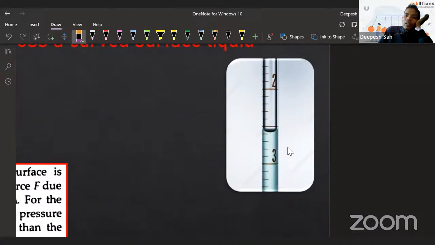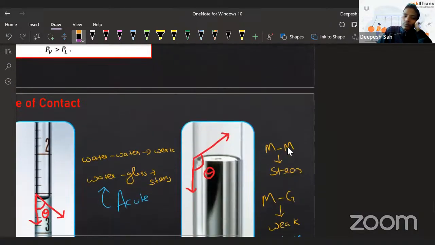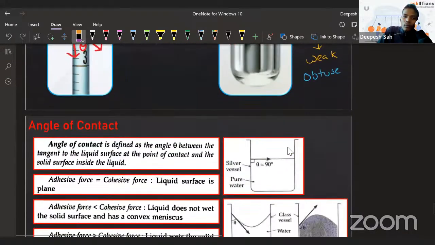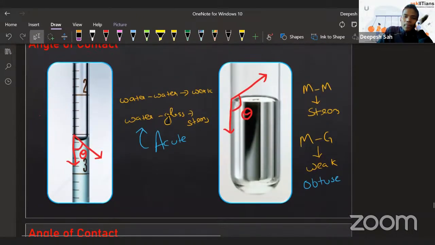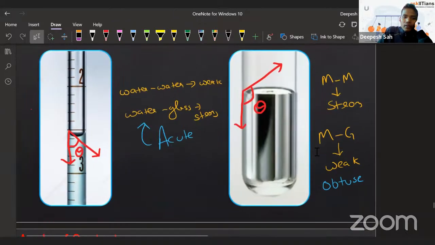This is actually the result of cohesive force and adhesive force. How? If you have a situation like this, where the meniscus is like this one, what's the main reason?